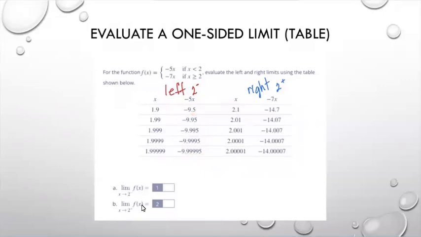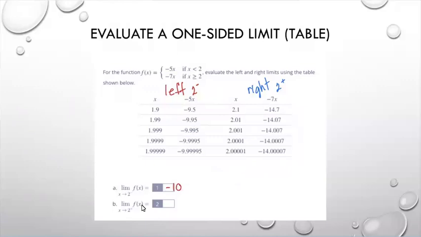We start at negative 9.5, and every time we get closer to 2, the y value is getting closer to negative 10. You see how we keep adding 9s? 0.9, 0.99, 0.999, 0.9999. So we are approaching -10. So that is the value for the limit when x approaches 2 from the left.